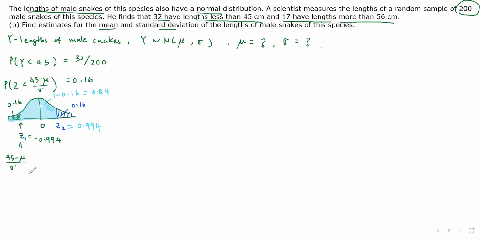Then 45 minus mean divided by the standard deviation, that is the Z value, is negative 0.994. Multiplying by sigma, 45 minus mu is negative 0.994 sigma. That is equation 1.